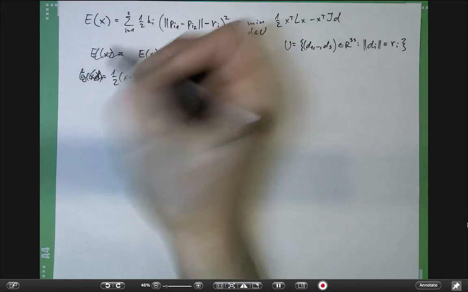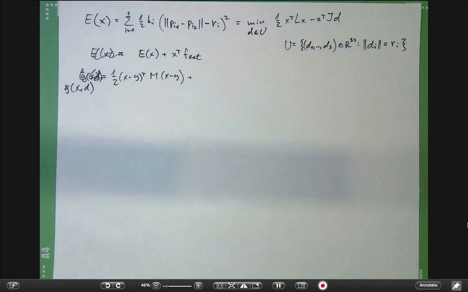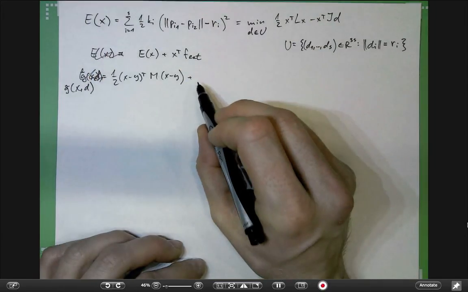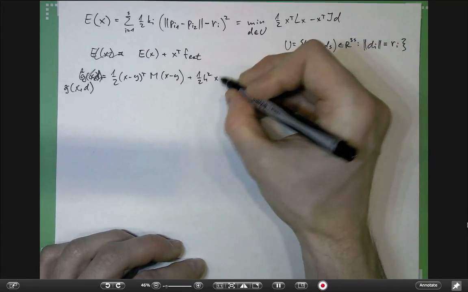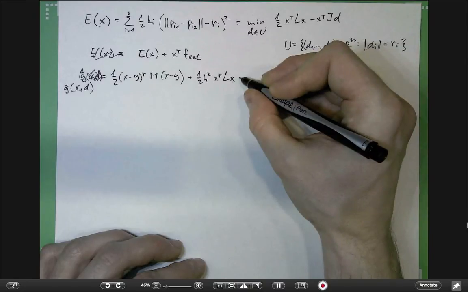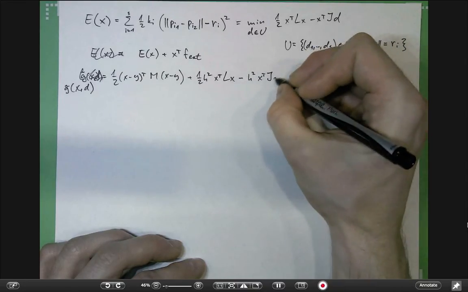Okay, let me write this nicer. g tilde of x and d is this, okay? And here I will have 1/2 h squared x transpose L x minus h squared x transpose J d.